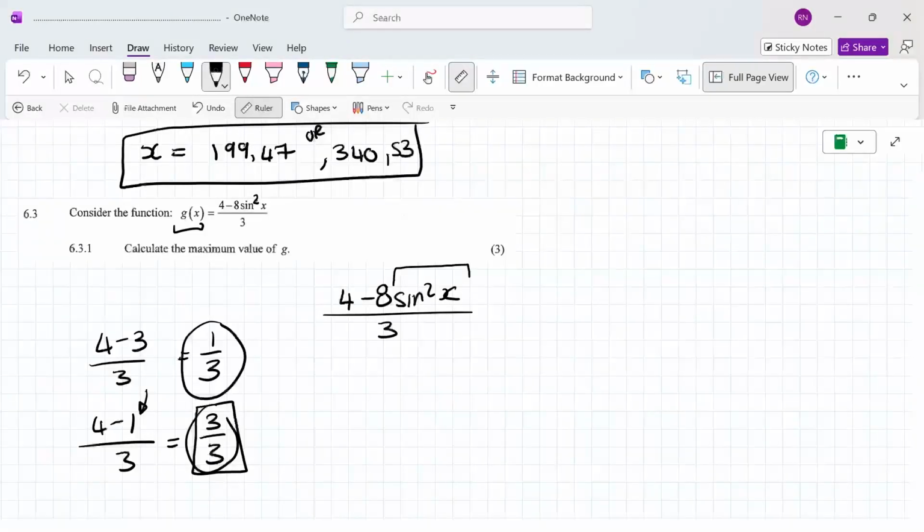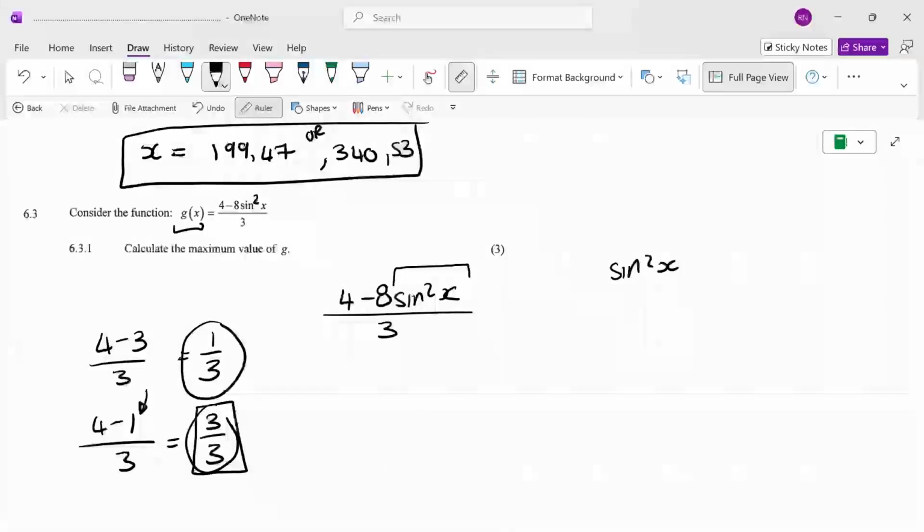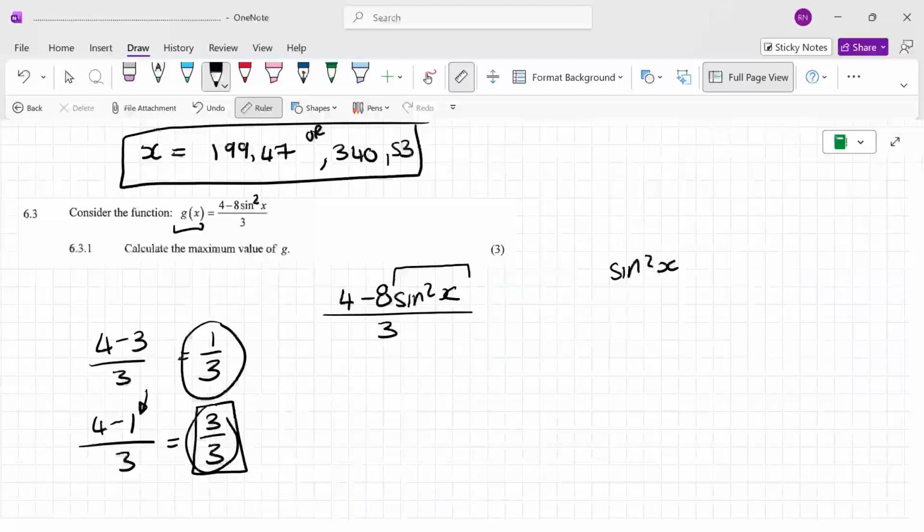You might say, okay, then let's just make it a negative because then we will have a positive here, and we'll just keep getting bigger and bigger and bigger, right? But we can't do that because we have a sine squared x. Have you ever squared anything and gotten a negative number? It is not possible. The square of a negative number, negative 3 squared, will give you a positive number, 9.